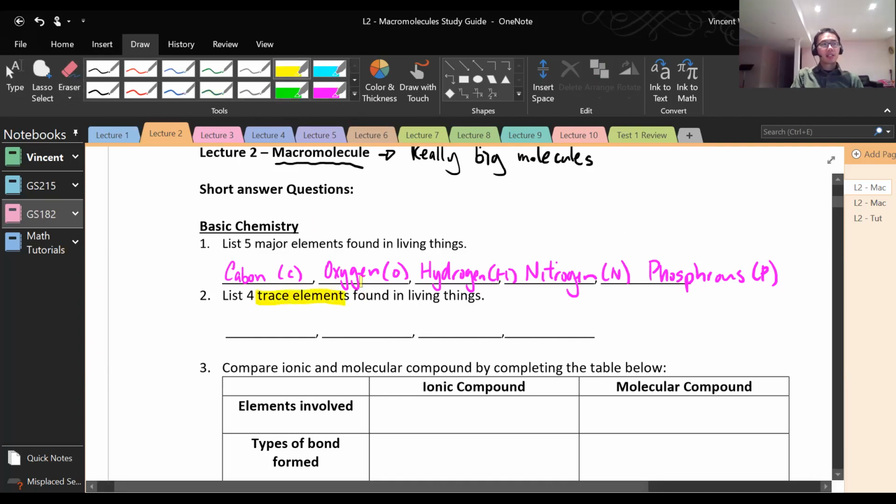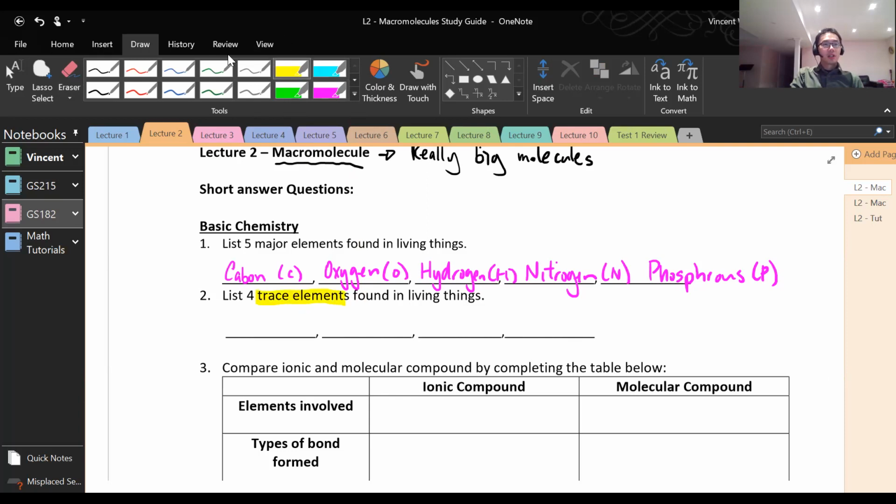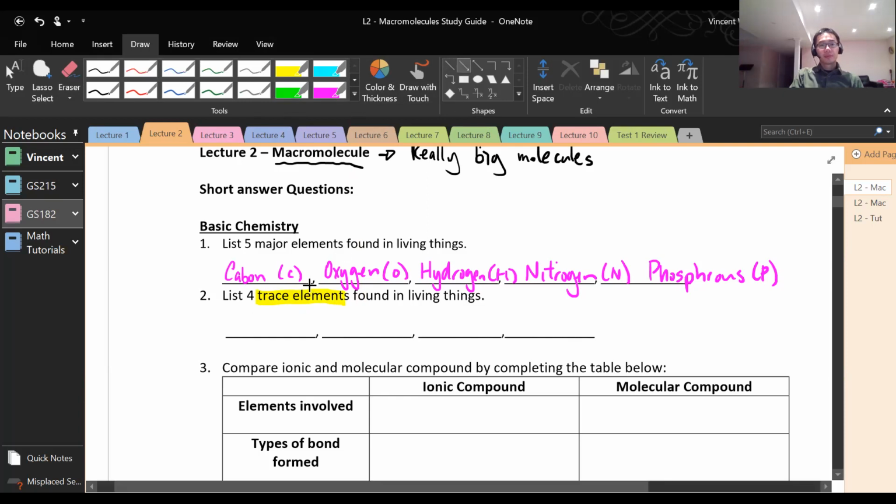Trace element. Can someone tell me the meaning of trace element? Because our body cannot make it, we need it. Not so much that we cannot make it. They're in a smaller amount. They're not as major as the other ones. Exactly right.